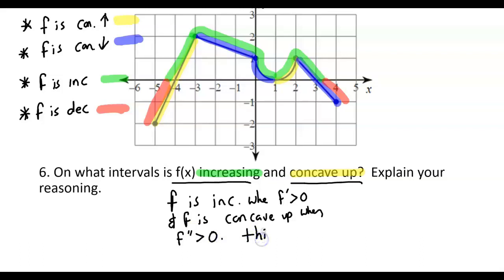So this happens when? Anywhere on my graph where there is yellow and green simultaneously. And so that would be here and here, those two intervals. And so that's from -4 to -3, and also from 1 to 2.